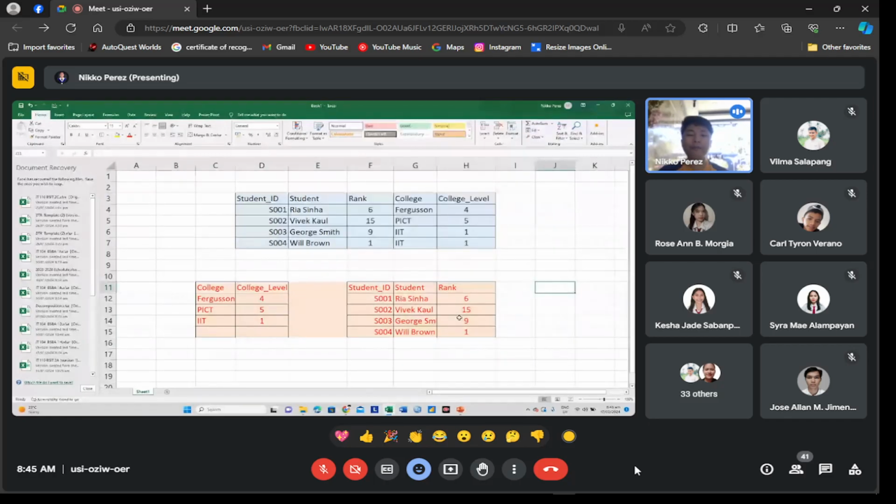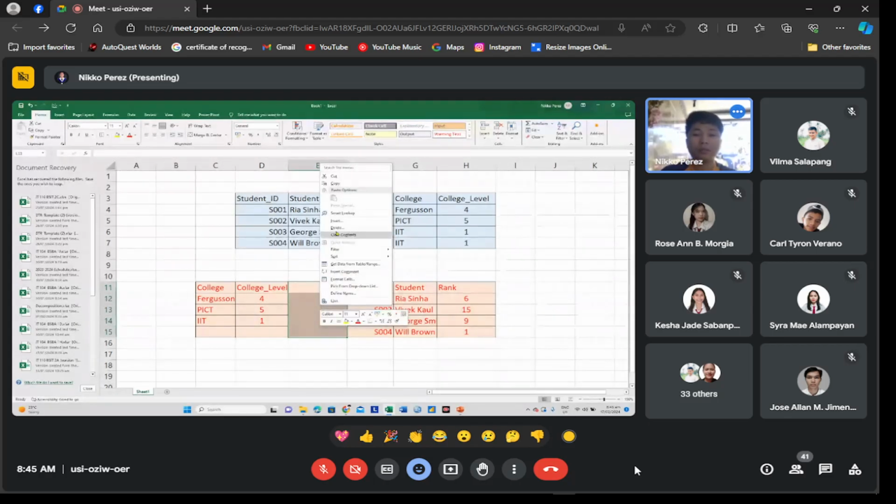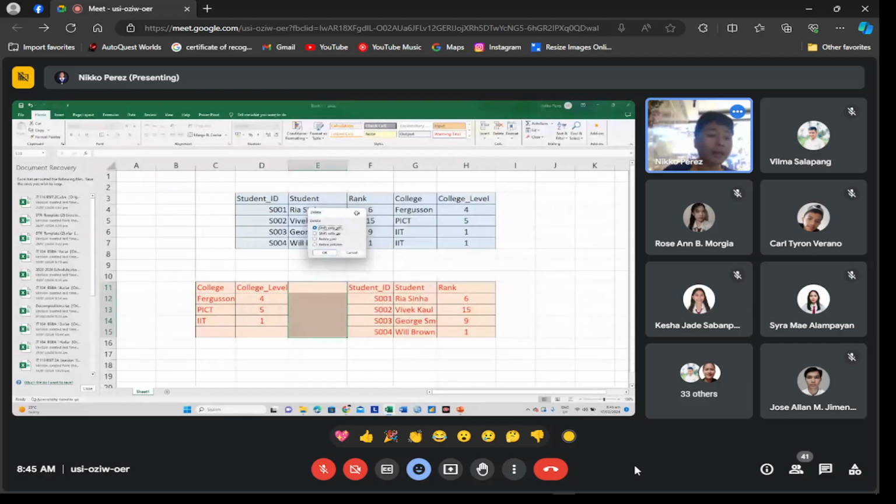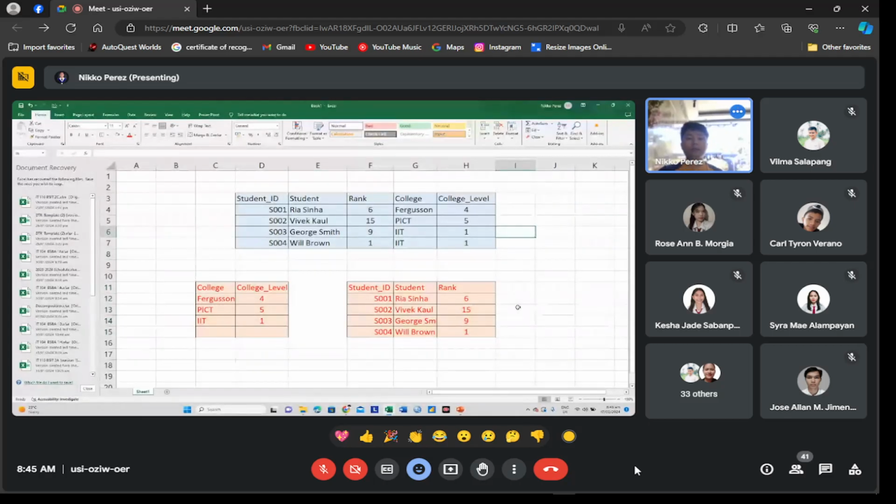So this is our first decomposition. Ay, sorry, if I delete that one, okay. Ayan, para separate na sila. So, muna tong first nga decomposition. Now, the question is, do you think this is the correct implementation?